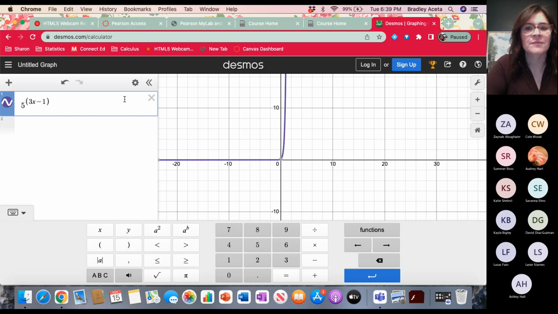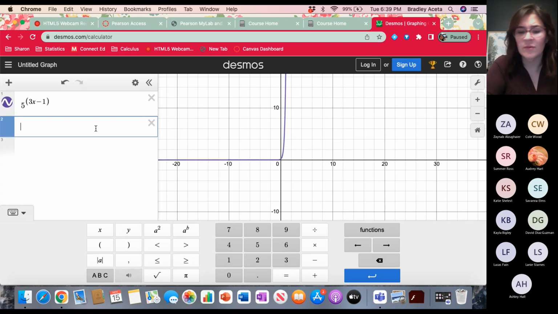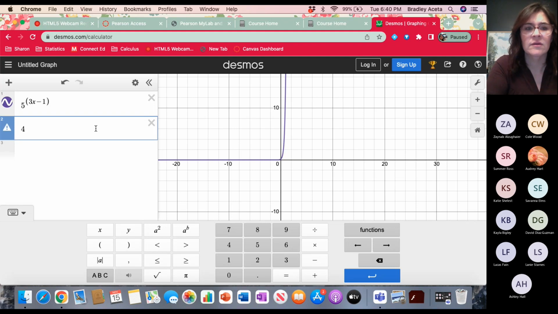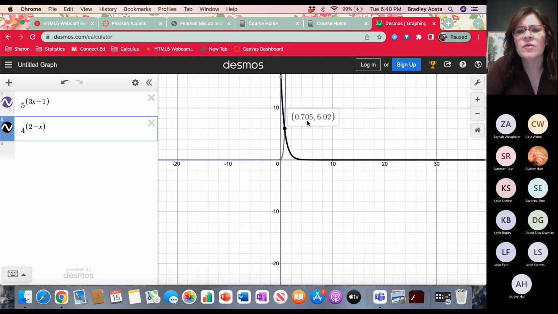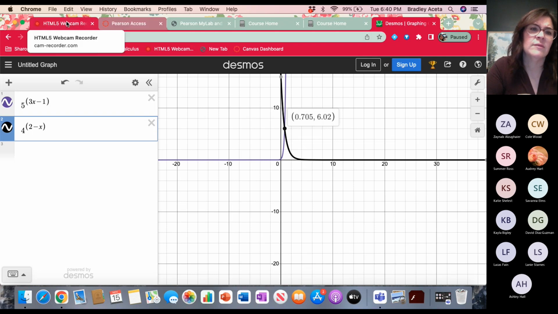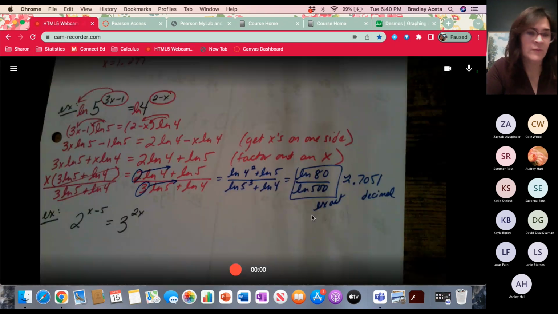On this side, I'm going to put 4 to the 2 minus x. And I'm going to look for their intersection point, which is right here, which is 0.705, which is exactly what I got. So I know I did it right when I did it analytically.